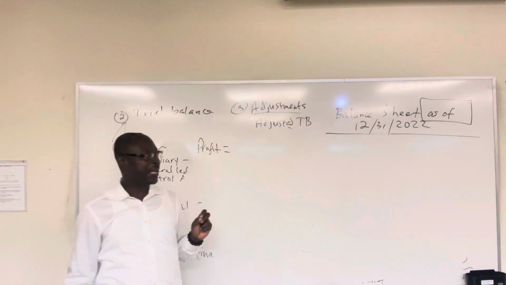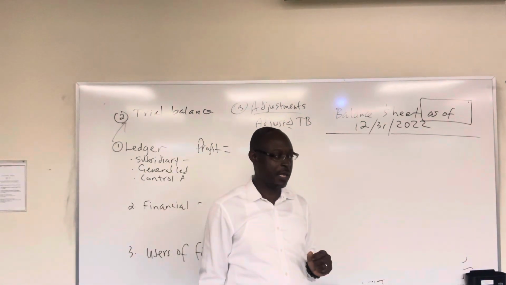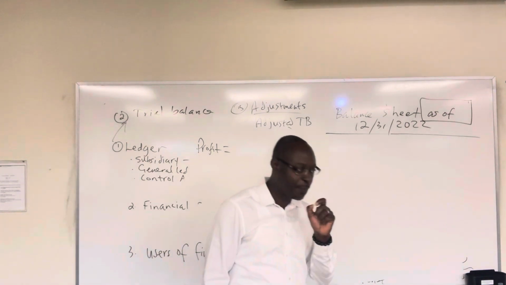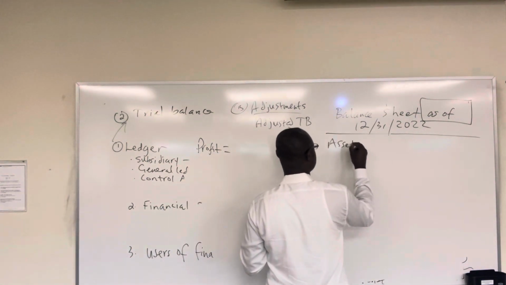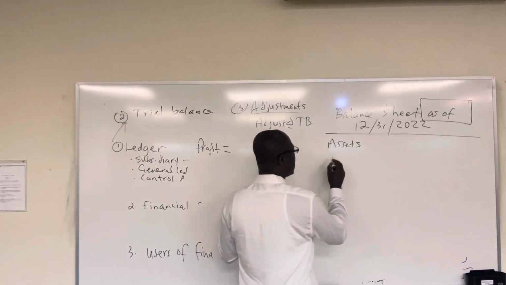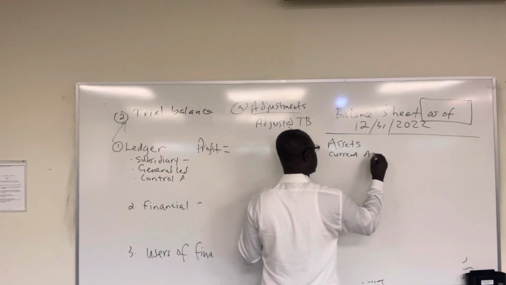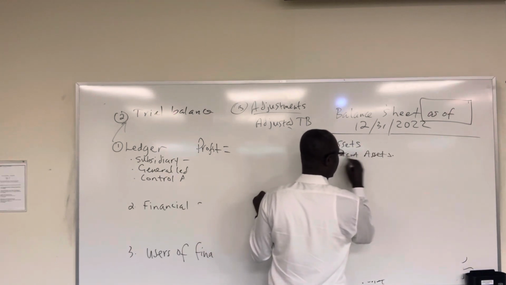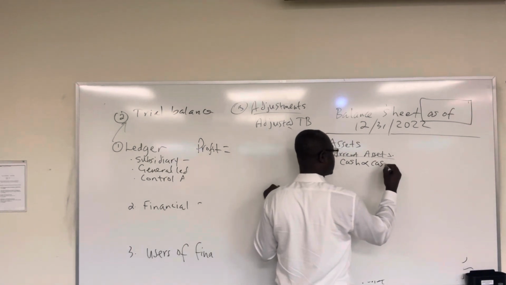Okay? So it is going to list your assets, your liabilities, and your equity at any point in time. So you take a picture as of now, what do you have? Assets. The assets can be broken down into current assets, and the current assets are cash and cash equivalents.